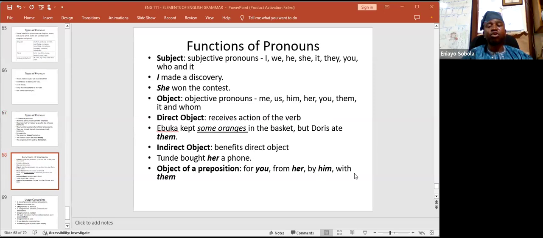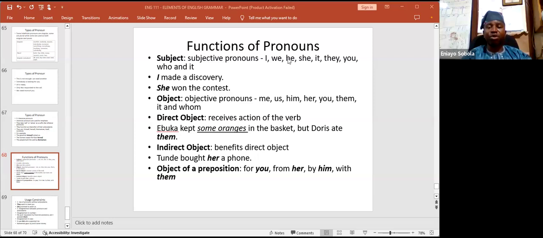Now, let's look at functions of pronouns. A pronoun can function as a subject of a sentence, or you call it subject of the verb. Therefore, we have subjective pronouns performing the subject function in the sentence.